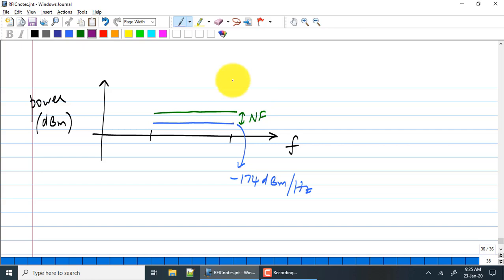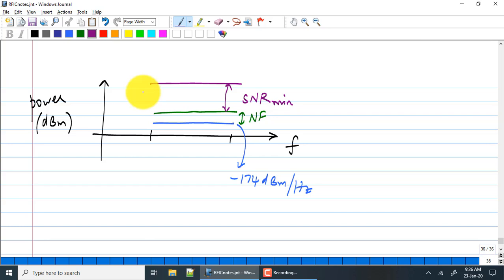Above this, I need to maintain a minimum SNR to receive the signal with a certain bit error rate. So this should be the signal power spectral density if it were completely flat.